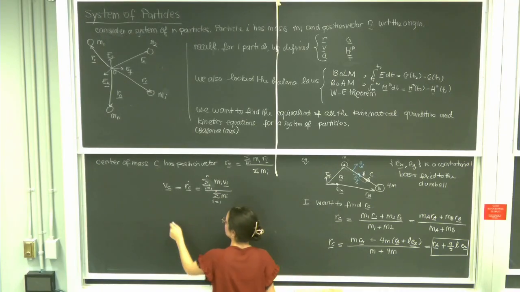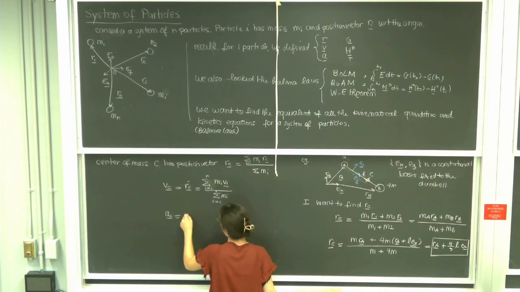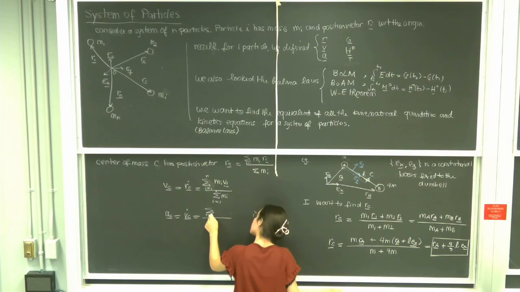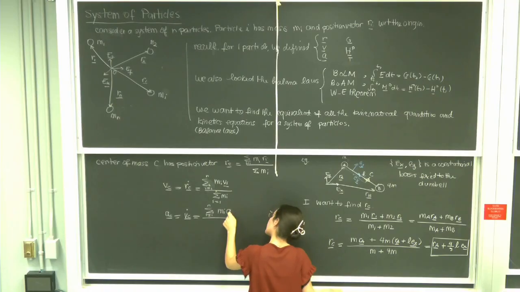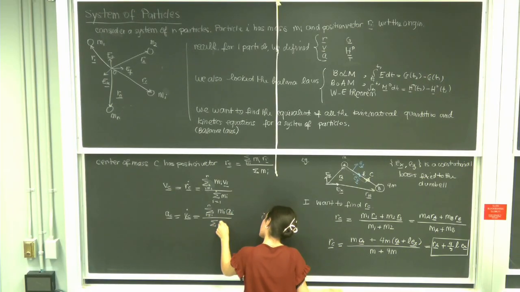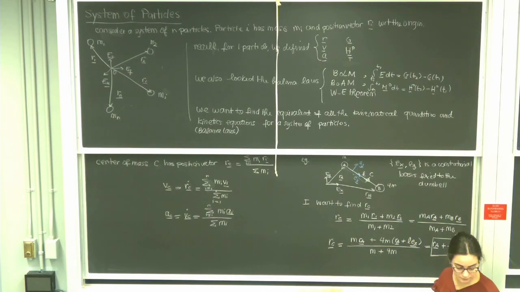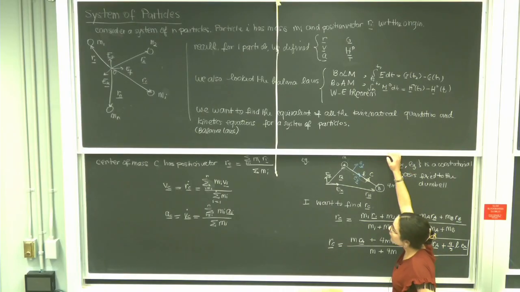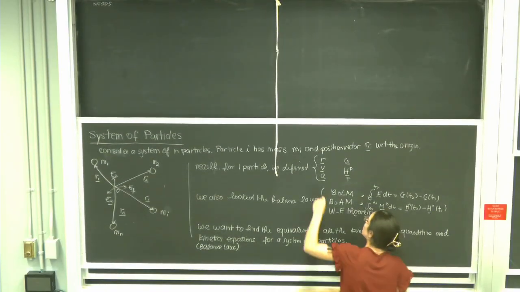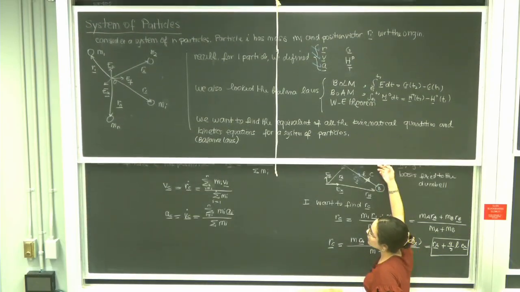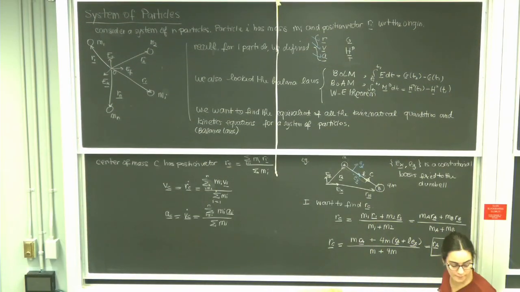And then the acceleration AC, which is VC dot, is equal to the sum from i equals 1 to N of mi ai over the sum of mi. Okay? So if we go back to our checklist, we have defined R, V, and A for the system of particles so far. Questions?